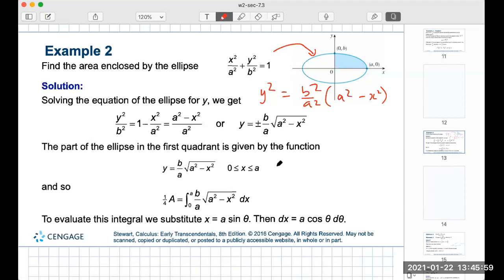Because we're trying to compute the simpler integral in the first quadrant only, the y equation here will have the positive sign, which is b over a square root of a squared minus x squared. And x goes from 0 to a here.